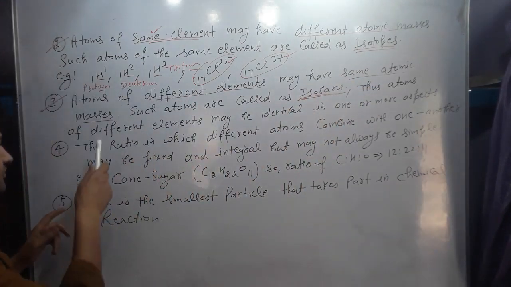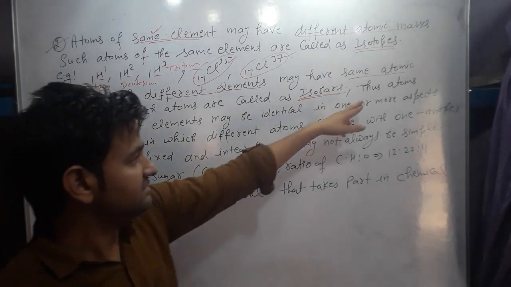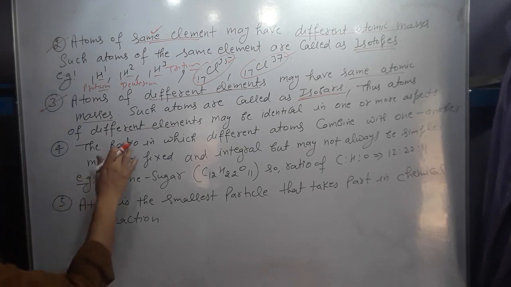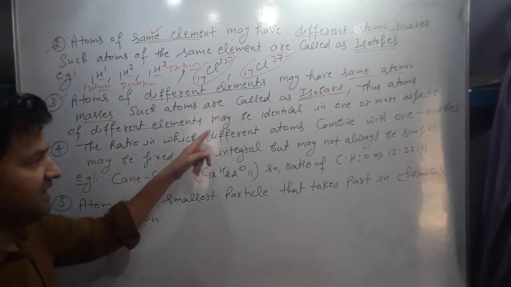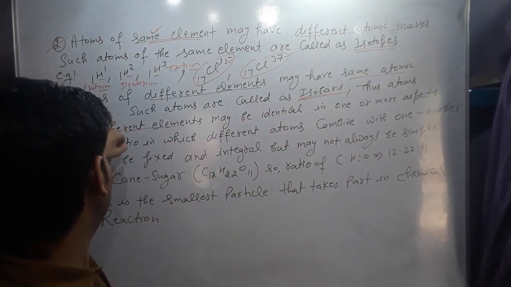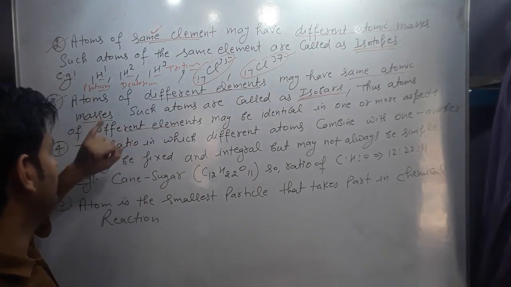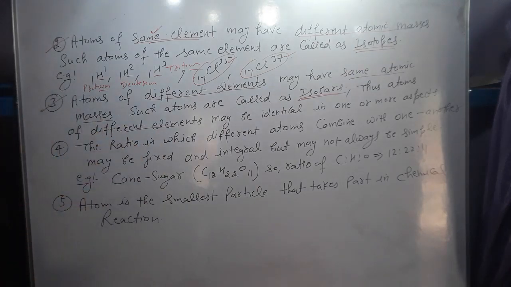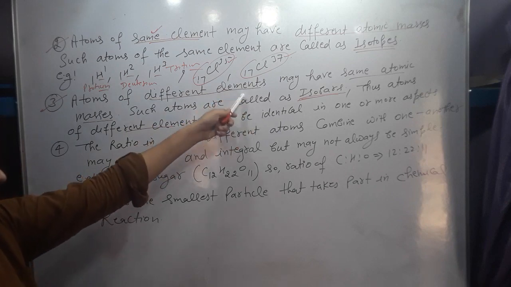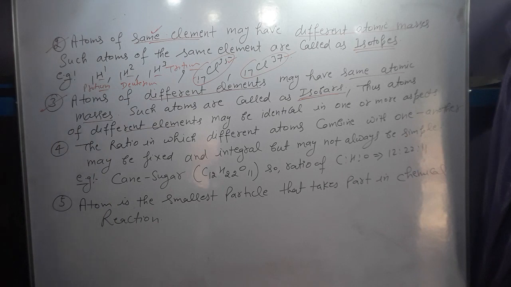Okay students, atomic mass is same. Thus atoms of different elements may be identical in one or more respects. Different elements have the same atomic mass. We can see that atomic number will be different, but mass will be the same. Such atoms are called isobars.